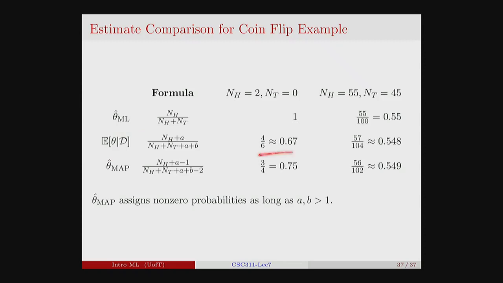This prior distribution will pull back the expectation of the posterior distribution, will leverage the prior distribution here to pull back the estimate of what theta should look like. And it'll go to about 0.67. And finally, you can actually solve the optimization problem. If you didn't want the mean of that distribution, you can also ask for the mode of it. And that would give you this equation here, where if you plug in these numbers, you get about 0.75.